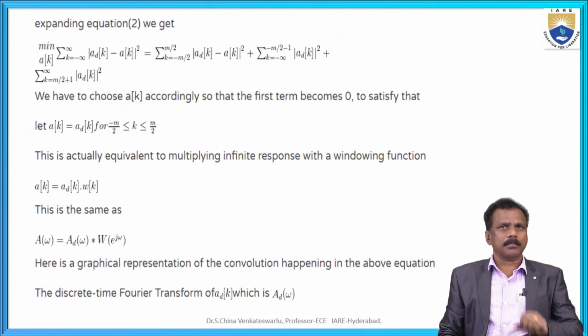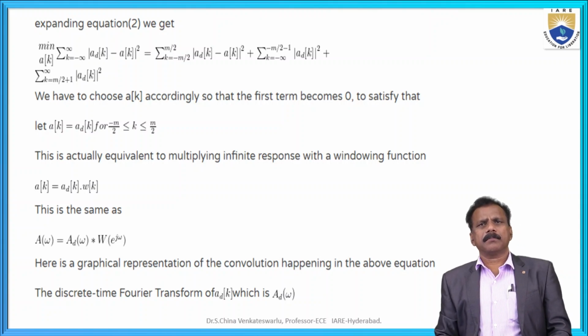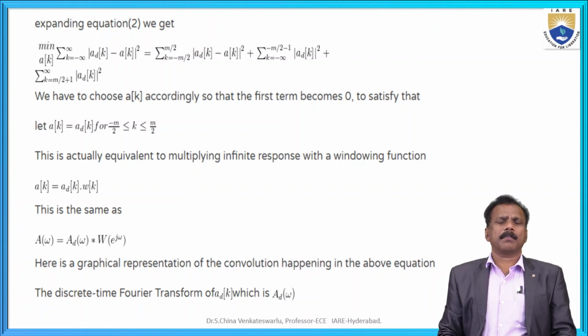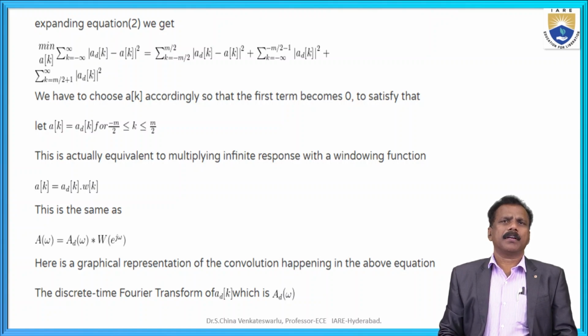Expanding equation 2, we get the summation over k from minus infinity to plus infinity of the square of a_d of k minus a of k, which equals the summation over k from minus M by 2 to plus M by 2 of the square of a_d of k minus a of k, plus the summation over k from minus infinity to minus M by 2 minus 1 of a_d of k whole square.